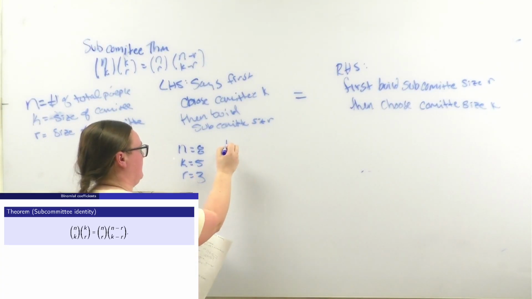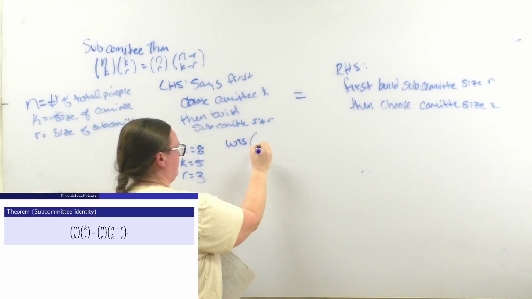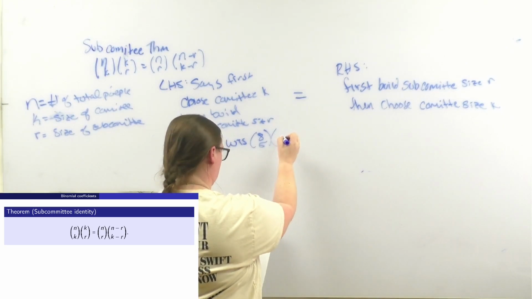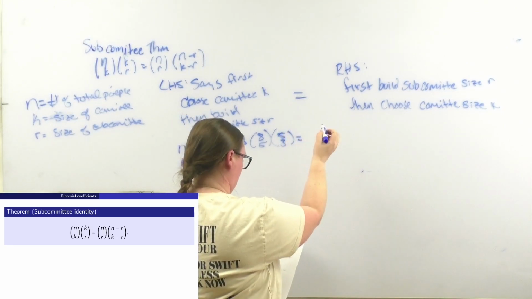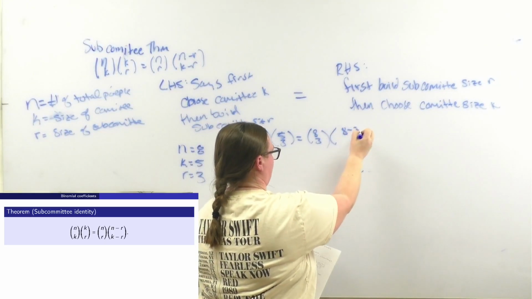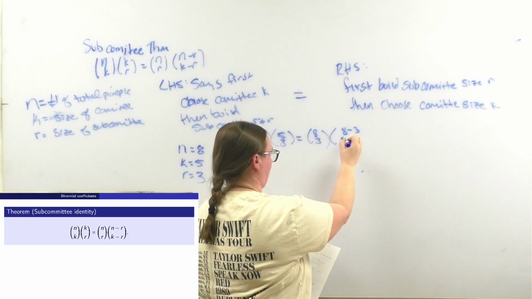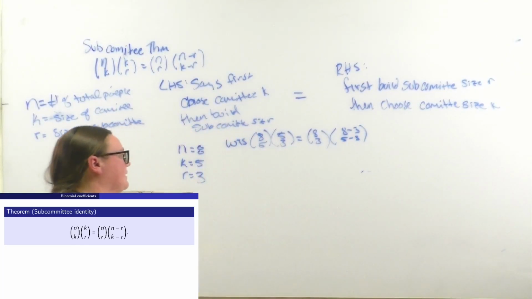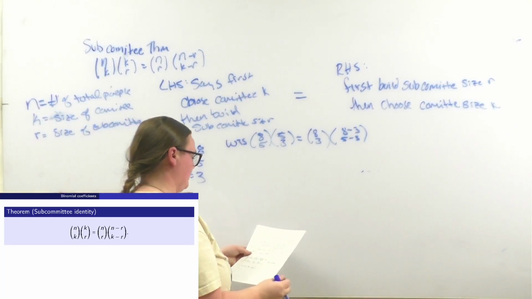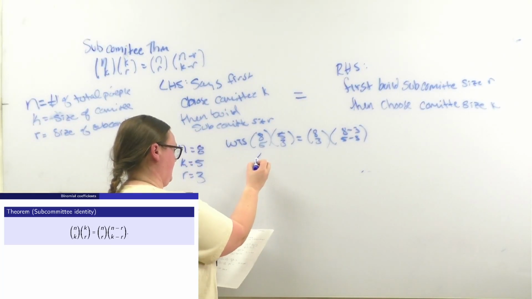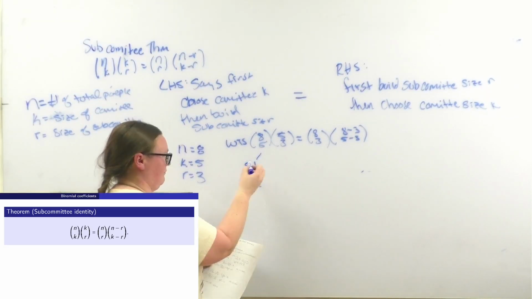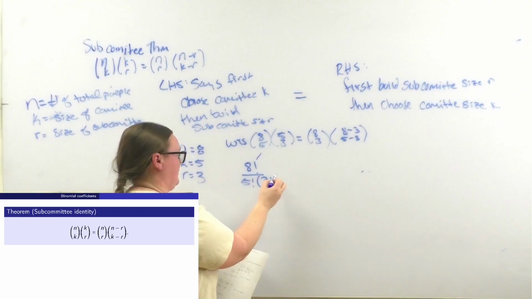And I want to show that 8 choose 5 times 5 choose 3 is the same as 8 choose 3 times 8 minus 3 choose 5 minus 3. Okay, so 8 choose 5 is here.